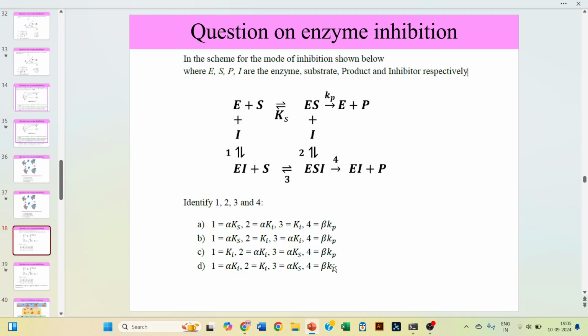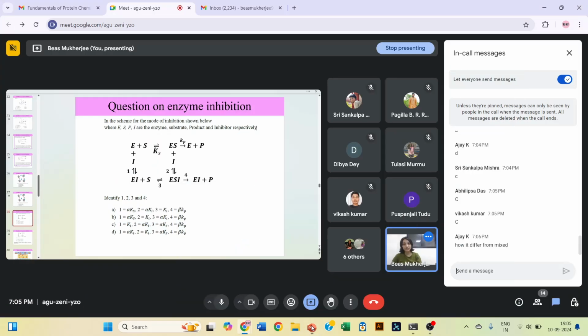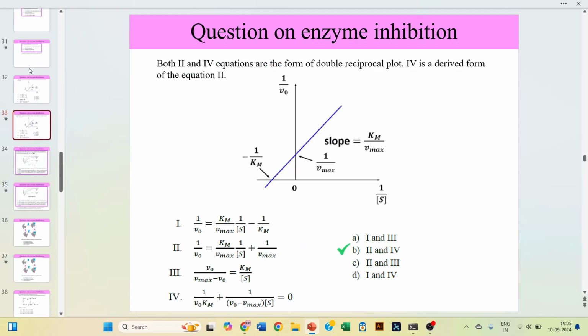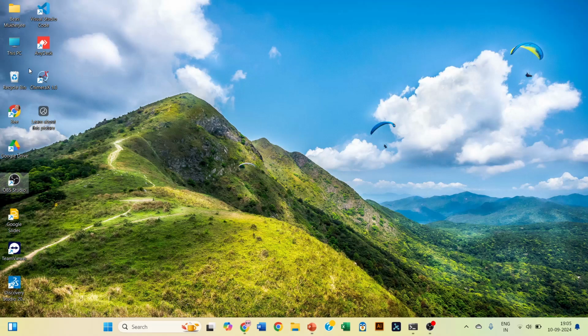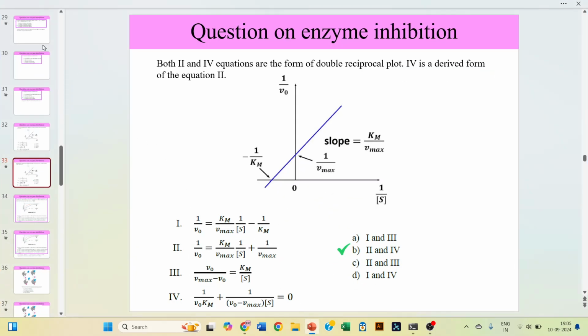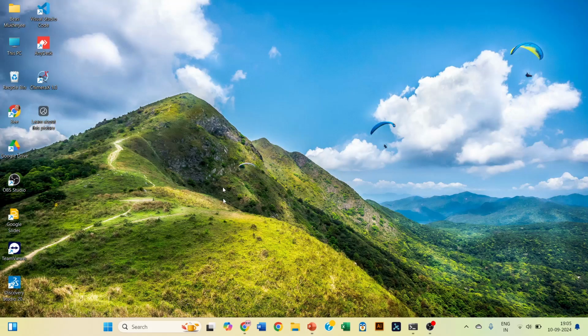Okay. We'll go to another very interesting question and we'll try to solve this. In the scheme, how does it differ from mixed inhibition? Right, that is a very good question. How does a non-competitive inhibitor differ from, sorry, one second. Can you see the presentation?